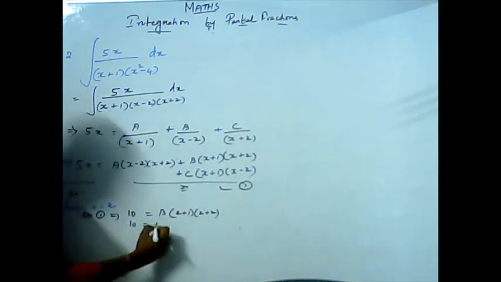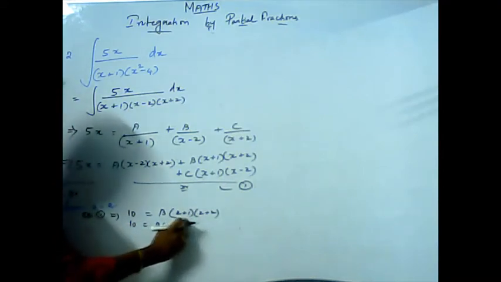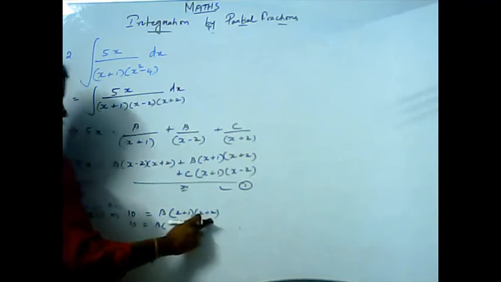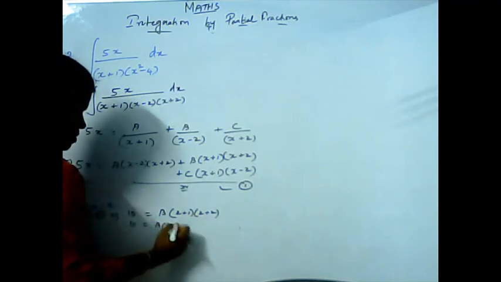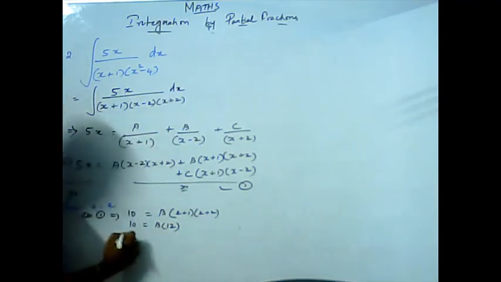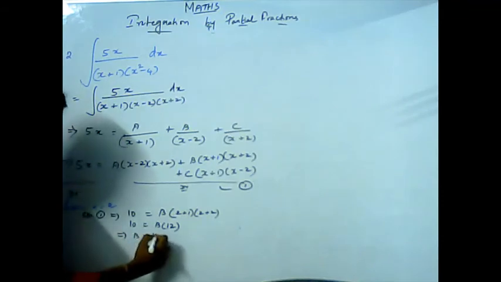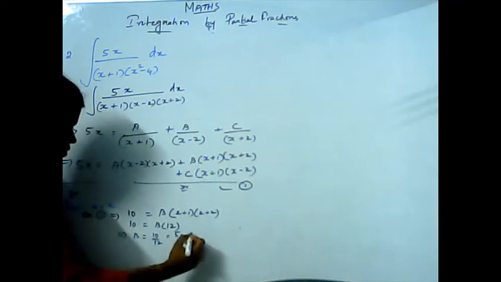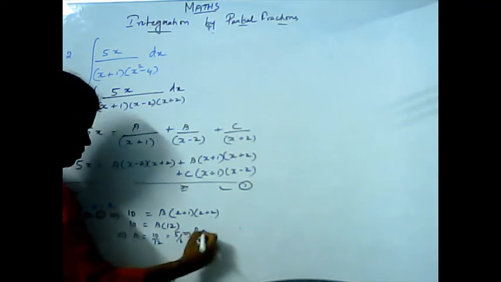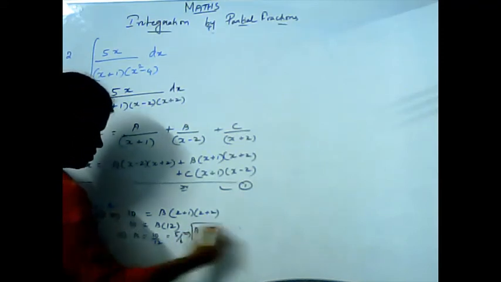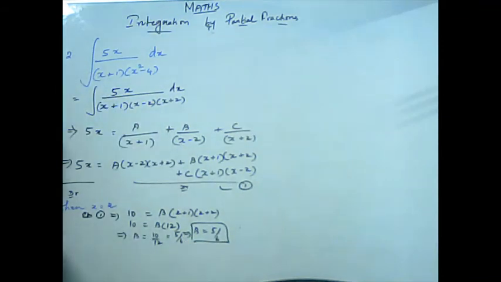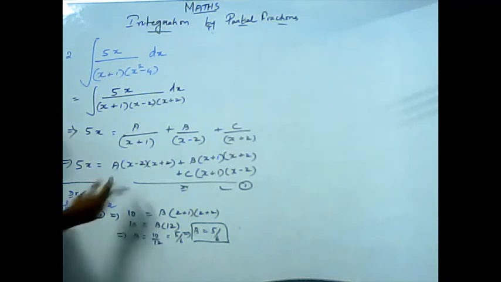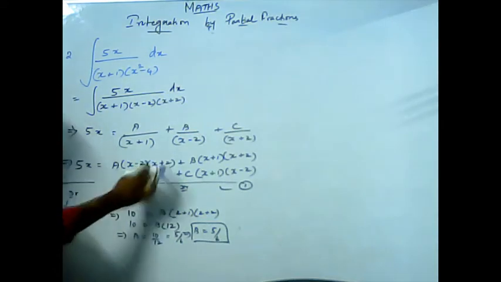So 10 is equal to B into 3 into 4, 12, which implies B is equal to 10 by 12, 5 by 6. Therefore, B is equal to 5 by 6. Equating the coefficients will be difficult, so you can just make some substitution.